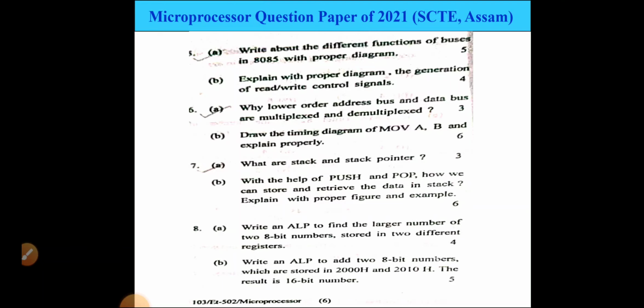Question 8A: write an ALP to find the larger number of two 8-bit numbers stored in two different registers. 8B: write an ALP to add two 8-bit numbers which are stored in 2000 hex and 2010 hex, and the result is 16-bit.